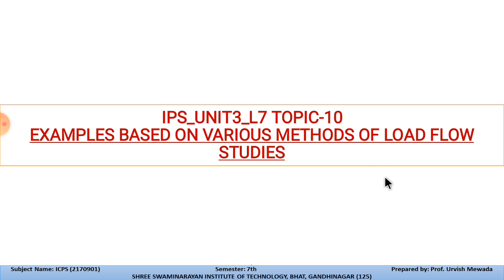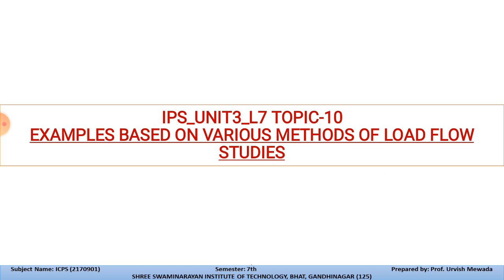So this is our lecture number 7, and in the last lecture we discussed the decoupled load flow method, that is DLF method, and then the last method, that is FDLF method, the fast decoupled load flow method.